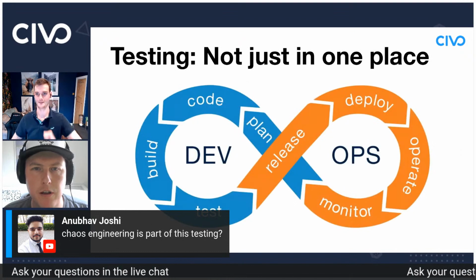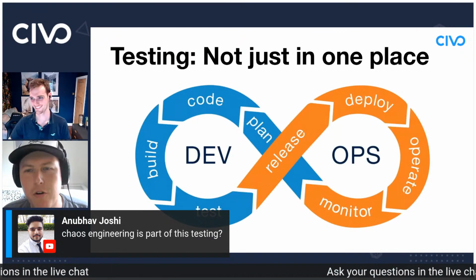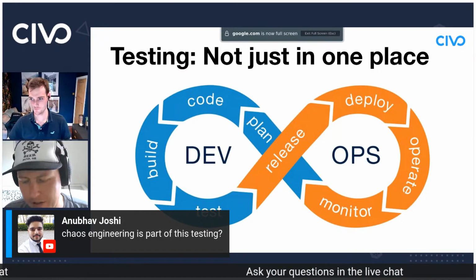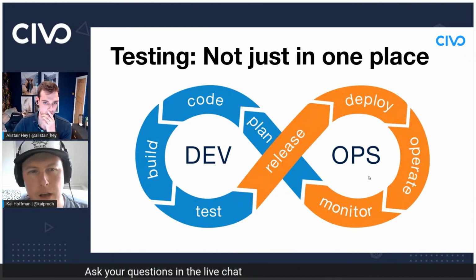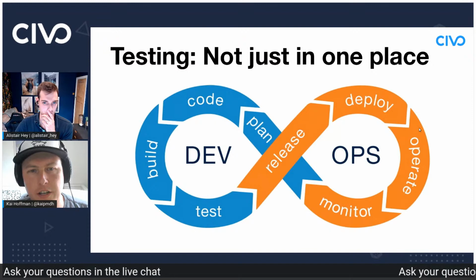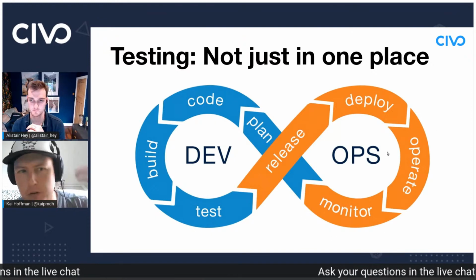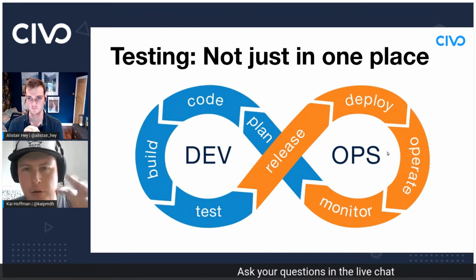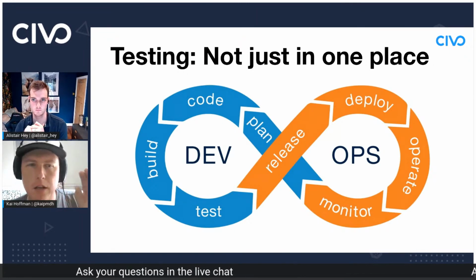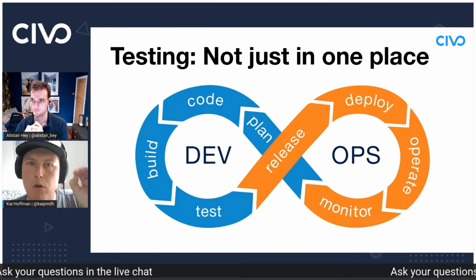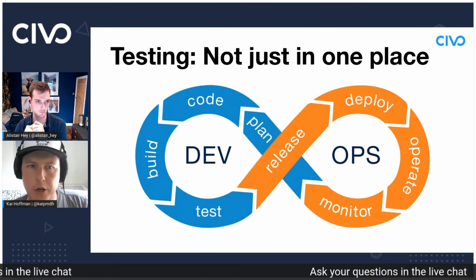Wrong way. Yeah. So when you're operating and monitoring, chaos engineering would be part of that, because you're not necessarily introducing, and we might do a session on chaos engineering later. I don't want to talk about it too much because it's not really relevant to today. But chaos testing is about resilience rather than proving that your code works.